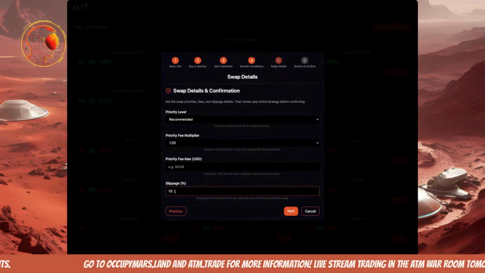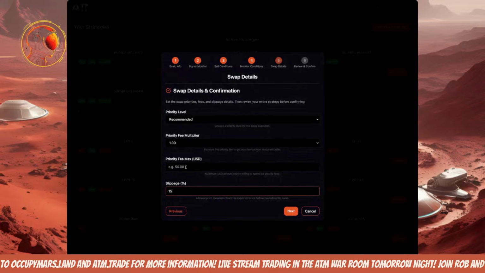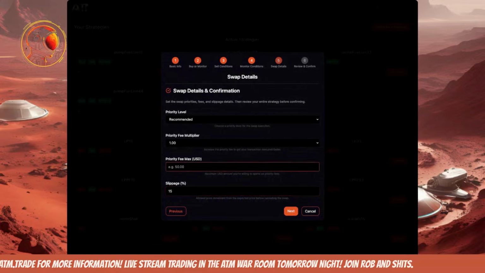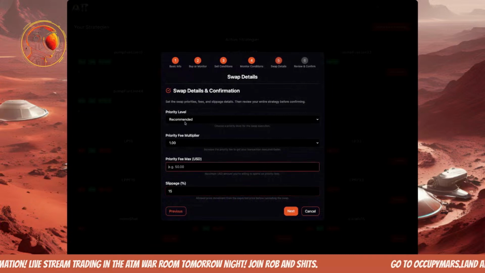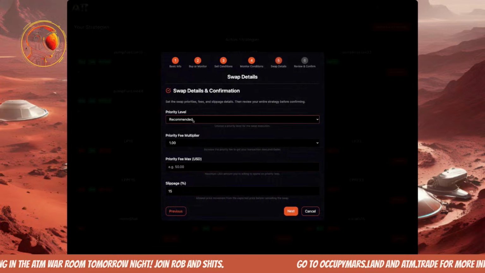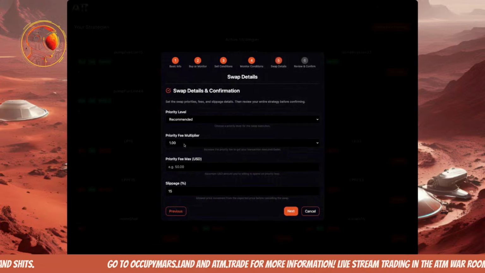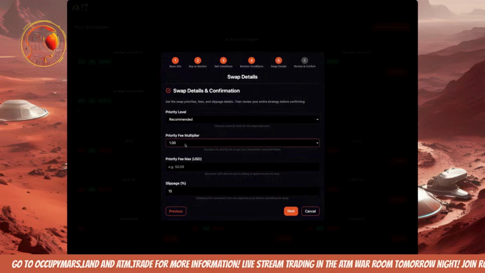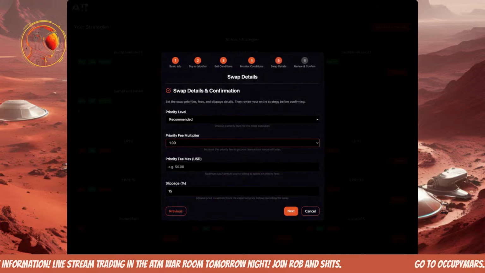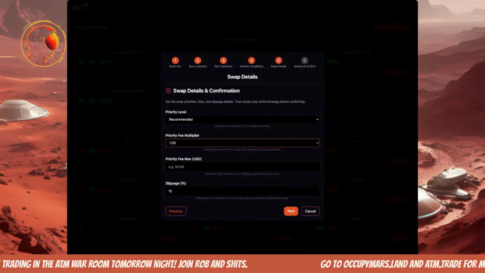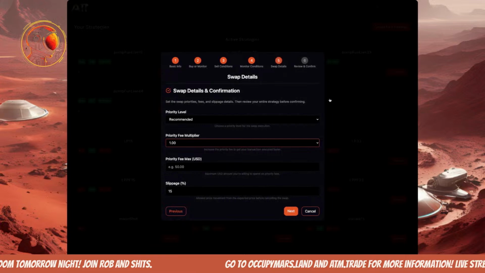Set your slippage on, that's normal. But not a lot of places allow you to set a priority fee. I guess a lot of the Telegram bots do these days. I'm a fan of recommended. Again, recommended is just medium plus 5%. You can put a multiplier on your fee. So even if you went with recommended, you could add 25% to that to give it a little boost on getting your transactions through.